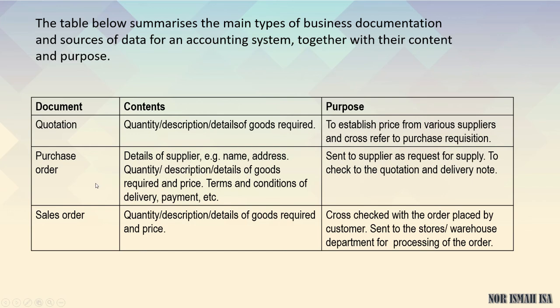This one we say is the purchase order. So the detail will have the seller name and the buyer name and all the detail about the goods or services being delivered, the price, the terms and conditions, etc.